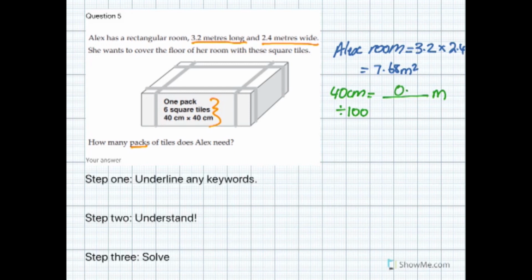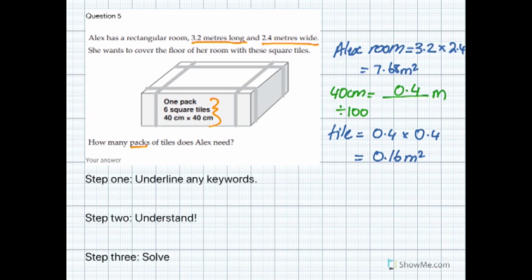When we do that, we get 0.4 meters. Therefore, 40 centimeters is equal to 0.4 meters. To find the area of the tile, we now do 0.4 times 0.4, which is equal to 0.16 meters squared.